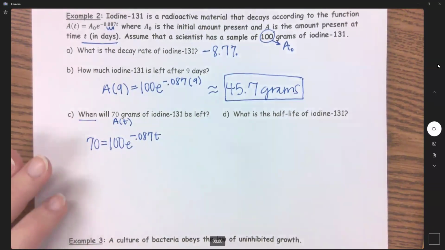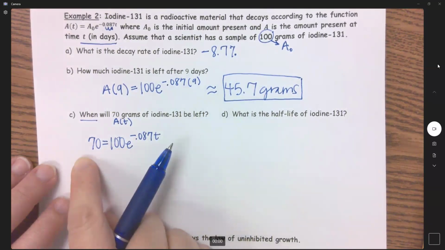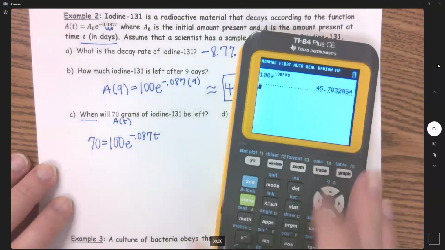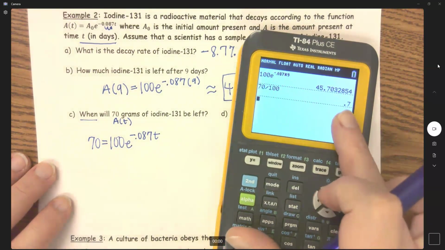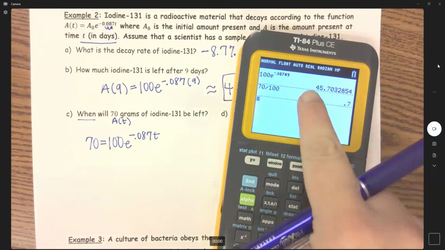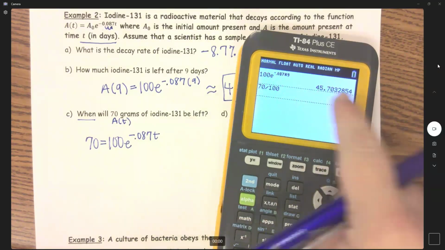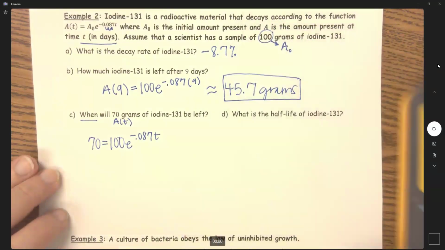So same steps every time. Isolate, divide your initial amount over. So 70 divided by 100 gives me a 0.7. I can use this as a decimal because it doesn't keep going. I couldn't use this as a decimal if I were rounding off numbers, but this is just a nice clean 0.7.